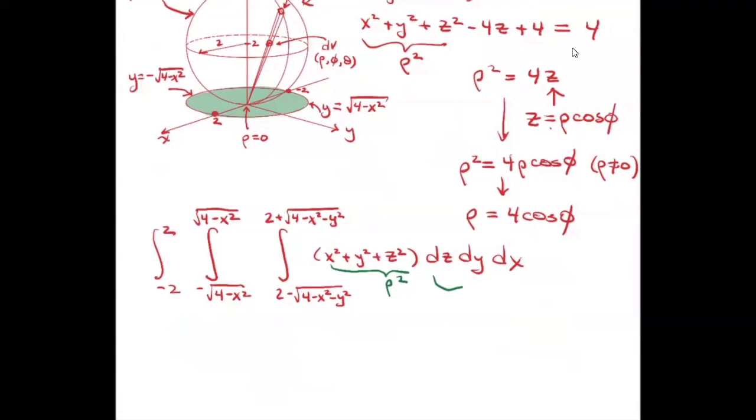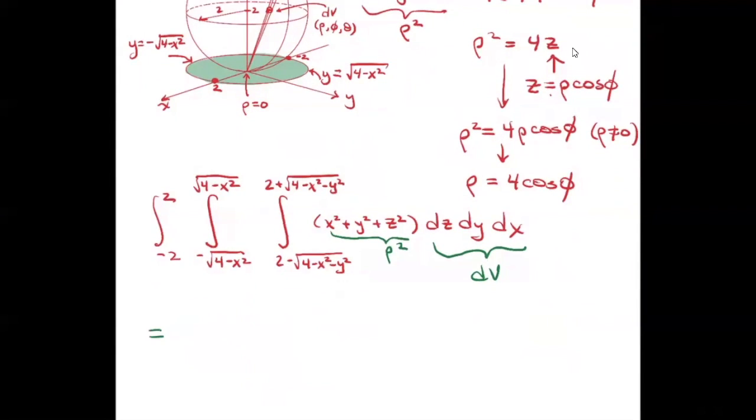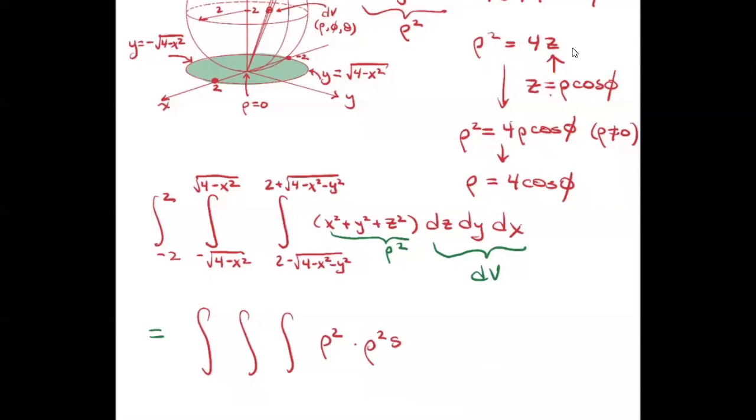And dz dy dx is dV. So all you have to do is integrate rho squared times dV, which is rho squared sine phi d rho d phi d theta, like that.